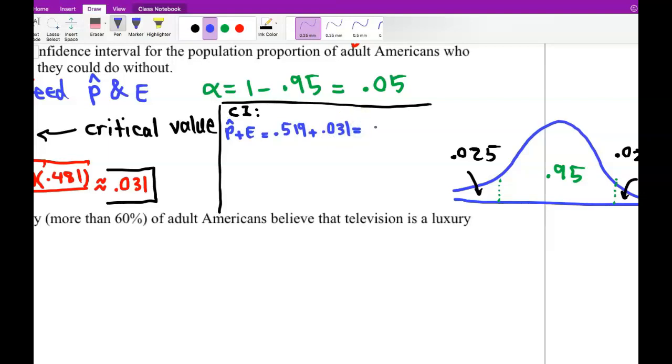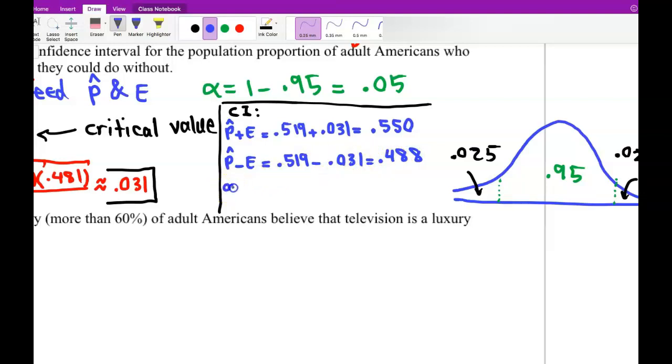So that is equal to 0.550. So this was the upper bound, now the lower bound. P hat minus error is equal to P hat 0.519 minus 0.031. So that is equal to 0.488.